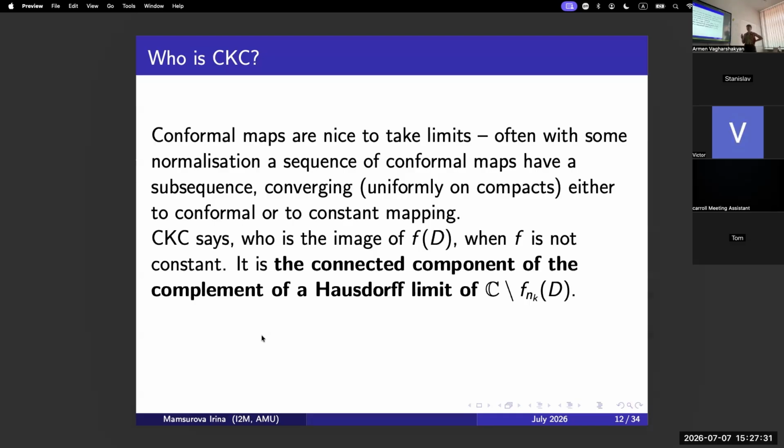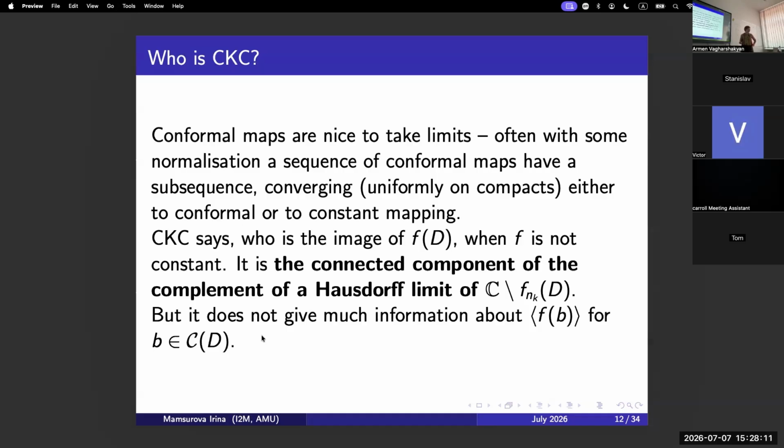Moreover, it says what the image of this limit mapping is. It is the connected component of the complement of a Hausdorff limit of something. If you are interested, I can define Hausdorff limit of subsets later, but the idea is that we have a limit mapping, and we know what the image of this limit mapping is.